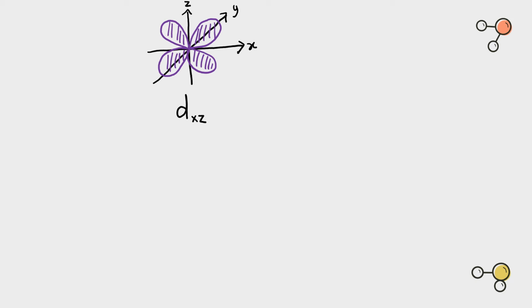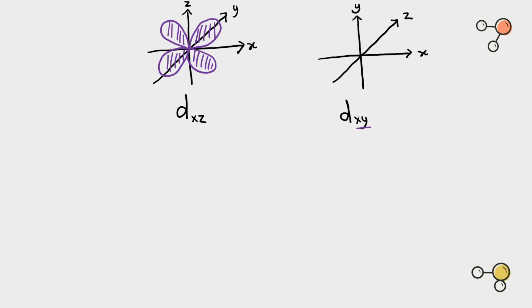Next will be dxy. So we are going to use the same concept. For dxy, you are going to draw the cloverleaf shape in between x and y axis. So to make it easy, I will change my axis to be like this.